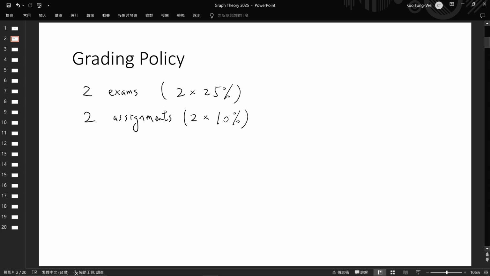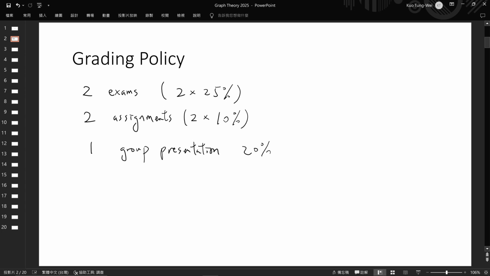And we have one group presentation. This presentation contributes 20% of the final grade.